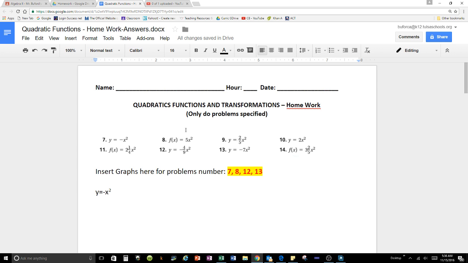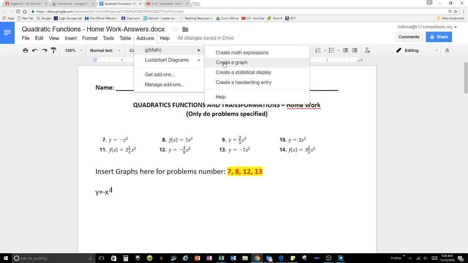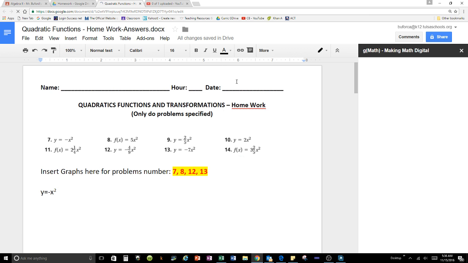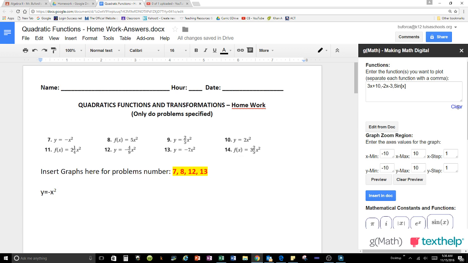Okay. And so if we want to model that, we'll go to add-ons, GMath, and we would say create a graph. So we want to clear this out. Just to make sure that the graph is large enough for everything that we're going to do here, let's put minus 22 here, tab 22, tab 2, tab minus 22, tab 22, tab 2.